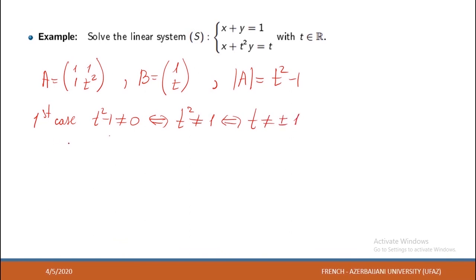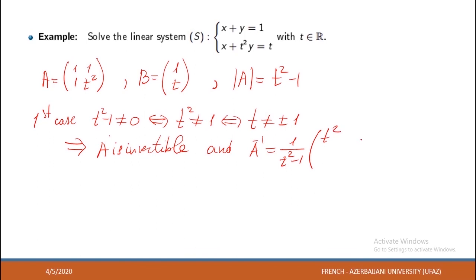In this case, A is invertible, and the inverse of A is equal to 1 over T square minus 1 times the matrix of T square, minus 1, minus 1, 1.